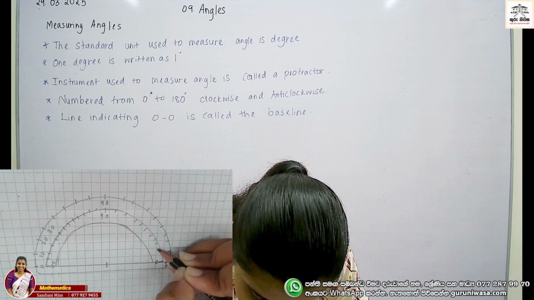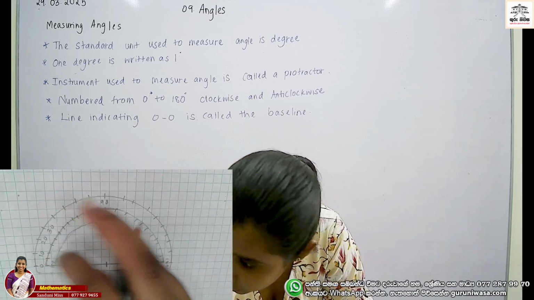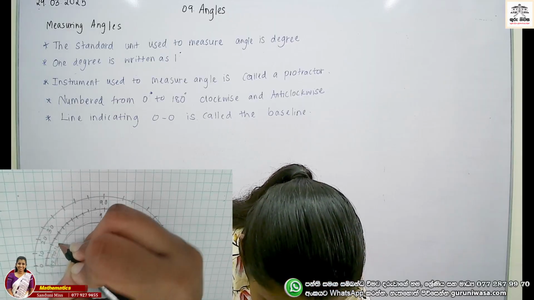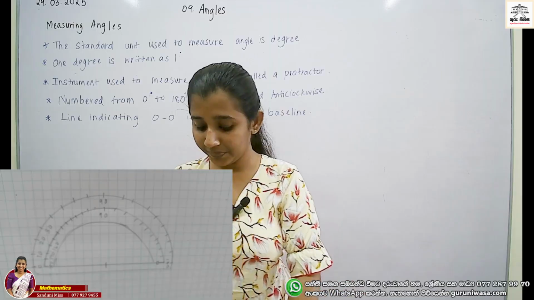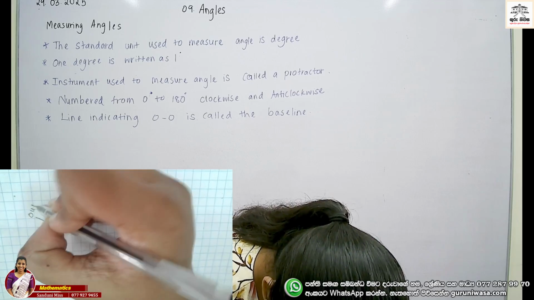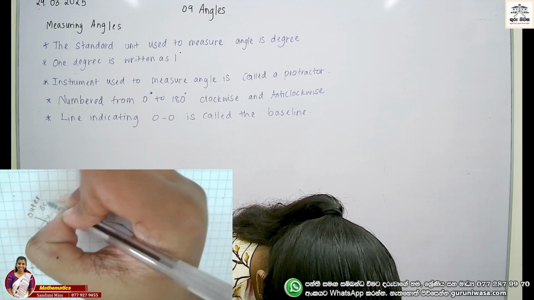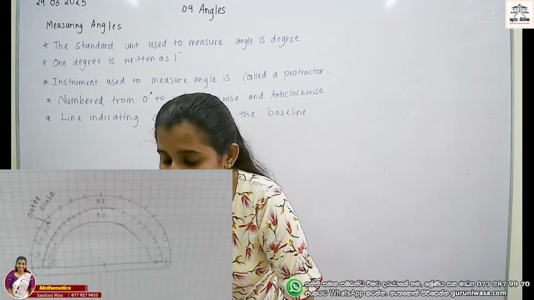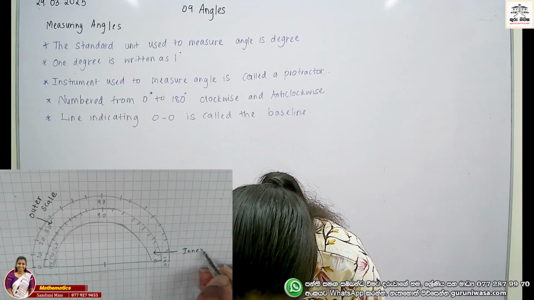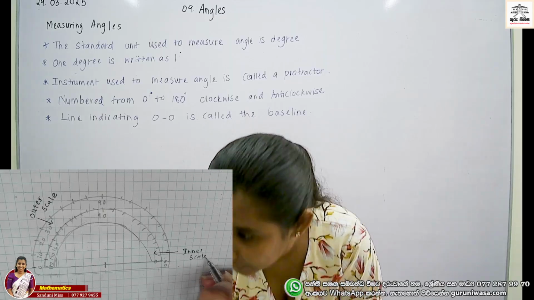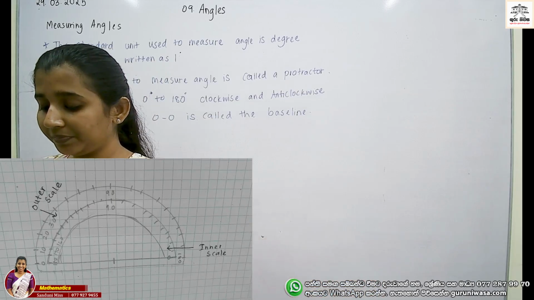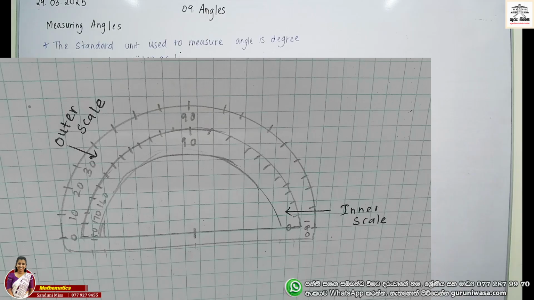You can see two scales are there. So you have to mark it properly. I just marked 170, 160. This scale we call the outer scale, and this one we call the inner scale.